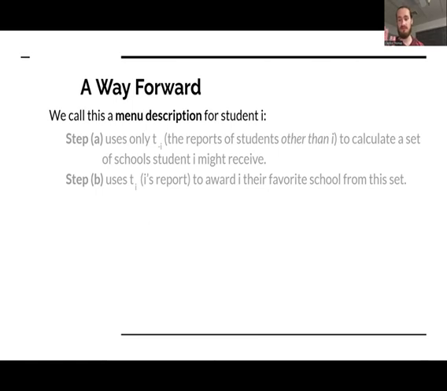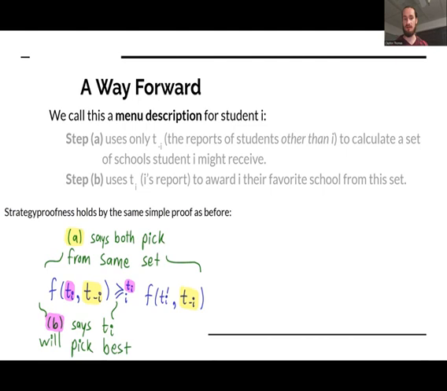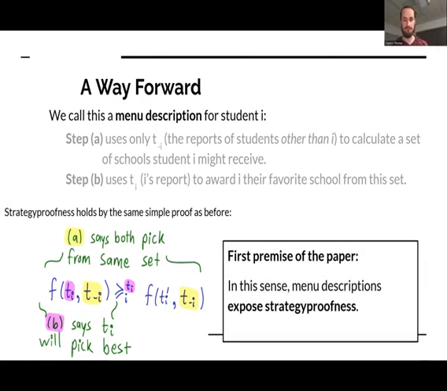And since this is called the menu, we call this framework a menu description for student I. What makes it great is that strategy proofness holds by exactly the same simple proof outline I've been giving throughout this talk. Student I's report TI can't possibly influence the set in step A, and in step B, student I's true preference list TI will select for them their favorite obtainable school.